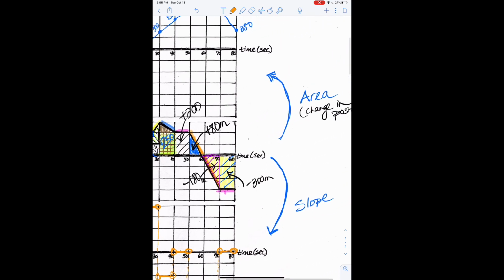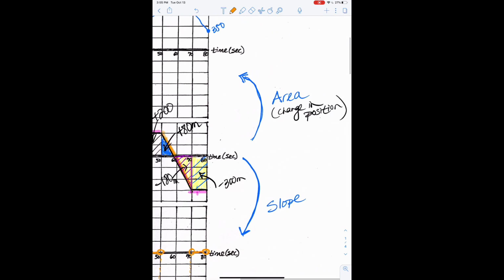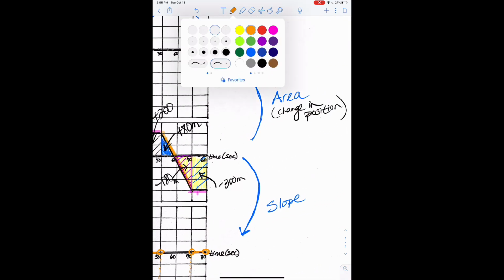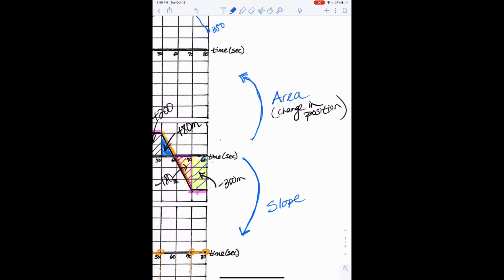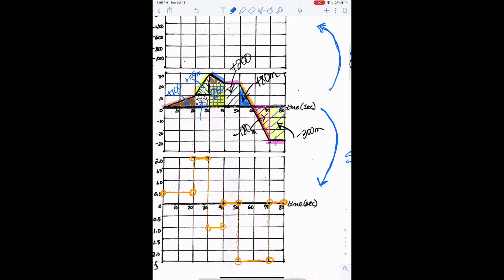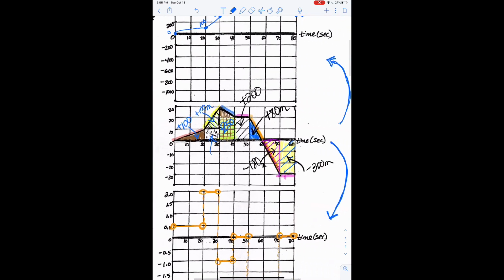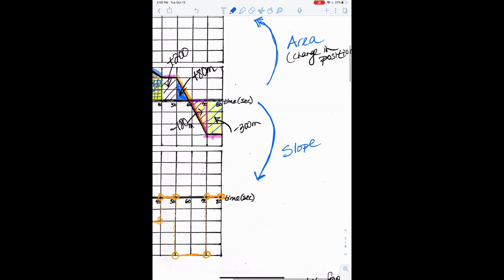And a tie-in to upper level math with pre-calc and calculus that we talked about, derivatives being the slope of the tangent line: if we had a function for this velocity versus time graph, we could take the derivative to get the acceleration versus time function.